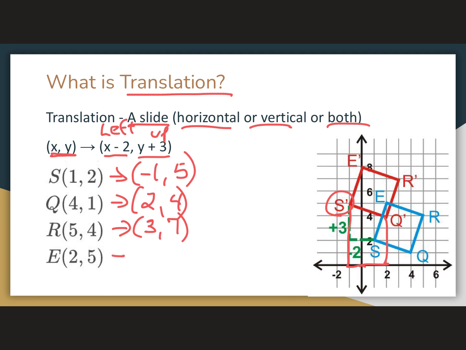And then E, we subtract 2, so 2 becomes 0. Add 3 to 5, so it goes to 8. So you'll always see for translations, it'll always look like we are adding or subtracting to our x or y values. Just remember that x values are horizontal, y values change vertically.